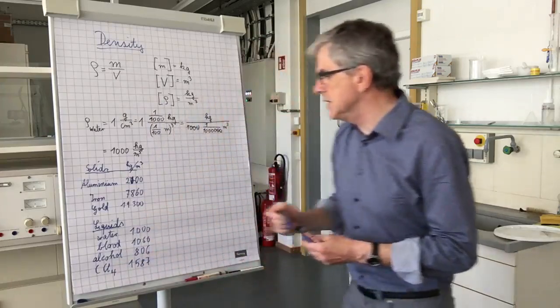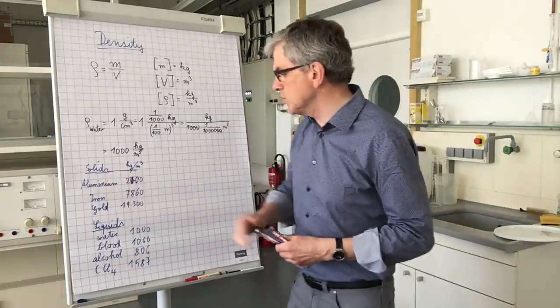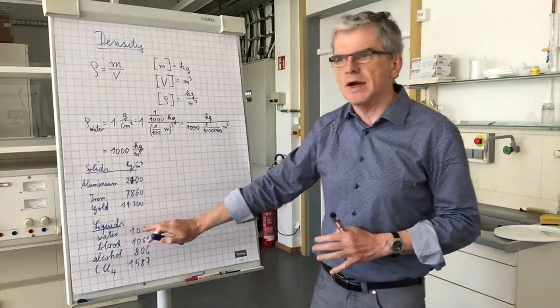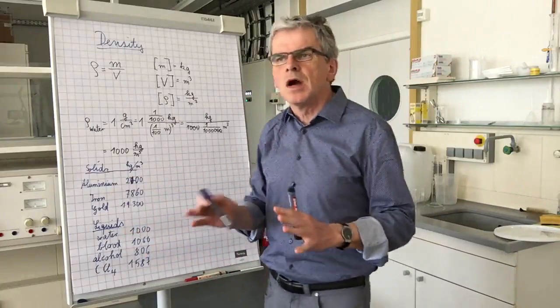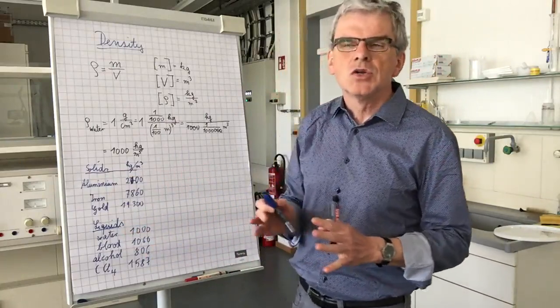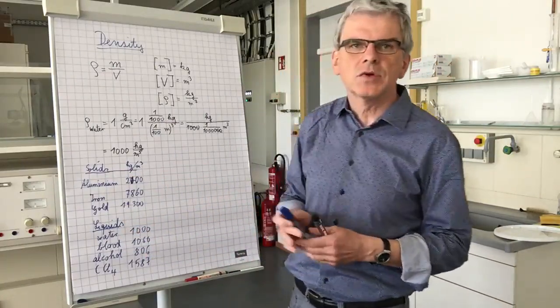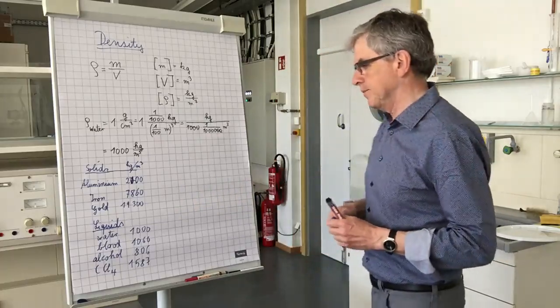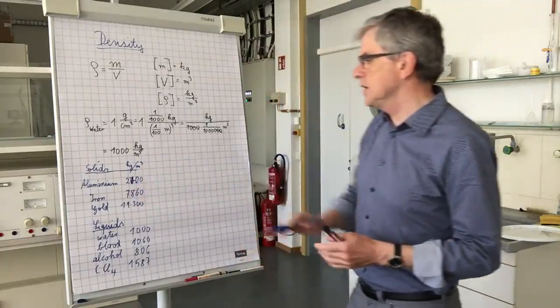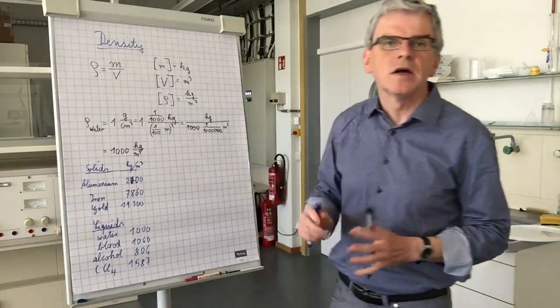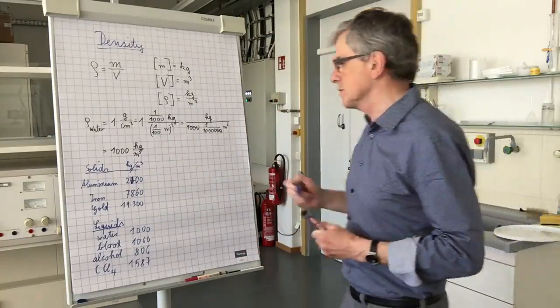So you see here, compared to the solids, liquids are much lighter. They all range in the region of 700 to 1,300 kilograms per cubic meter. And therefore they are typically a factor of 5 to 10 smaller than that of solids.